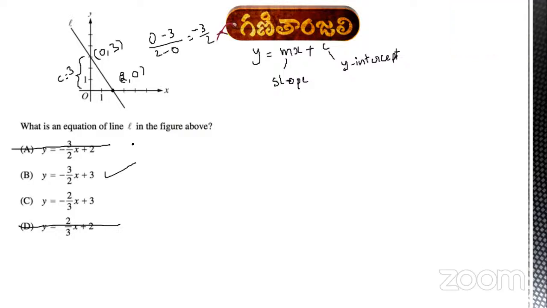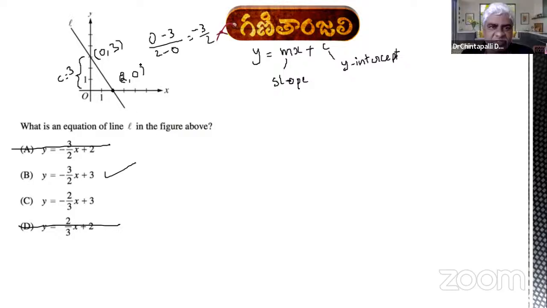But the shortcut method is to verify which option satisfies (2, 0). If we take option A and plug in x equals 2, y equals 0: 0 equals minus 3 by 2 times 2, plus 2. The 2s cancel, minus 3 plus 2 is equal to negative 1. 0 equals negative 1 is a wrong statement.